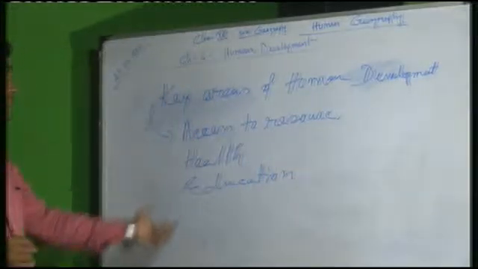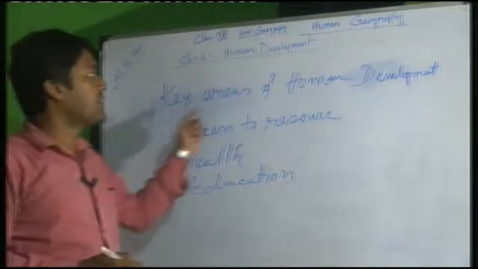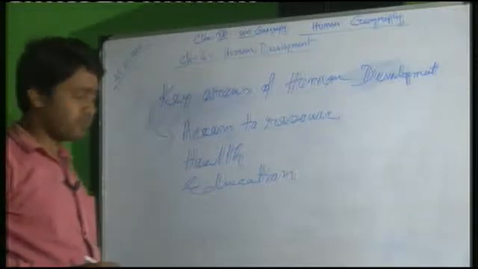These 3 parts, access to resources, health and education, are the key areas of human development. Human development is only possible if these 3 things are improved.